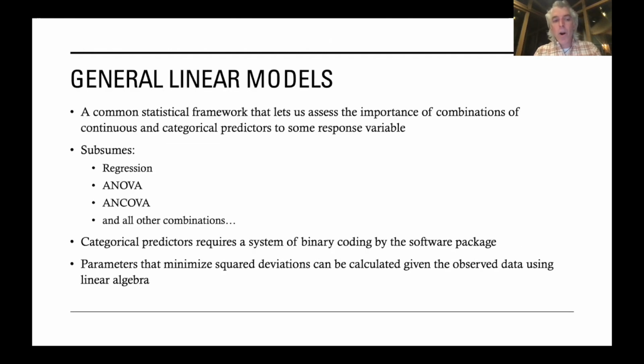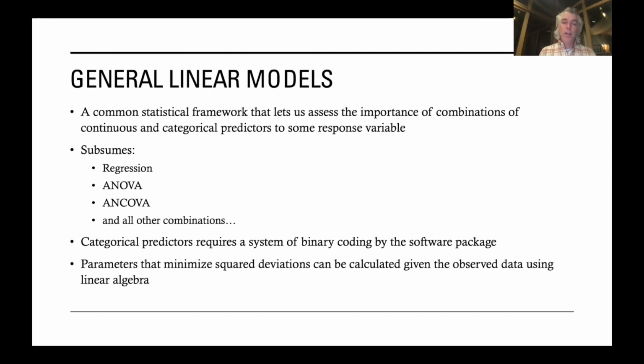So general linear models represent a common statistical framework that lets us assess the importance of a set of continuous and categorical predictors to some response variable. This general modeling framework provides a lot of flexibility and encompasses the various techniques that we've talked about in the course so far, including regression, ANOVA, ANCOVA, and t-tests, as well as many more complicated combinations that we'll get into later on.